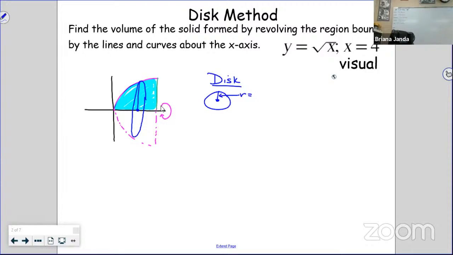Okay, so starting with kind of our basic one here, this is very similar to some we saw previously. This length right here, which is the radius of a circle, goes from our axis of rotation up to our curve. Well, that's just from 0 up to the square root of x, right? So the length of your radius would just be the square root of x. And so that then makes our area of one circle pi r squared, r being the square root of x, which means I could simplify this down to pi x.